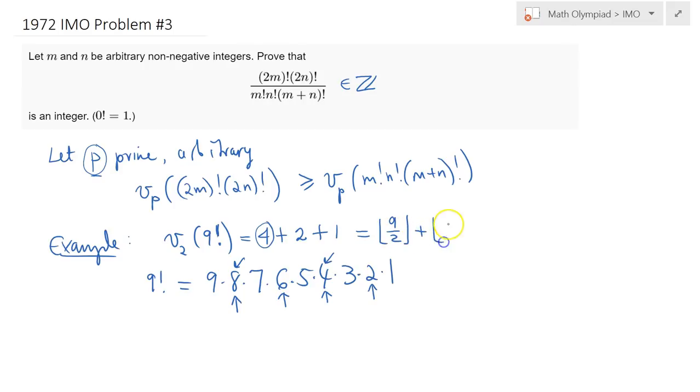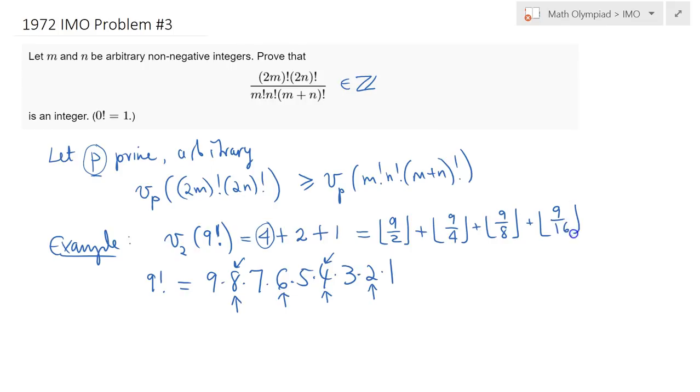Plus, the number of numbers less than 9 divisible by 4, and the number of numbers less than or equal to 9 divisible by 8. Does that make sense? In fact, you can let this go on forever, and it won't hurt you, right?